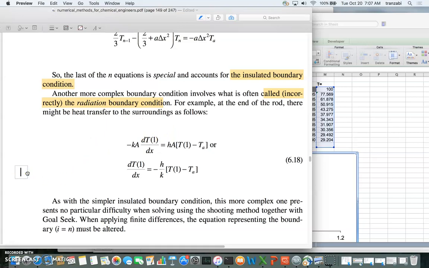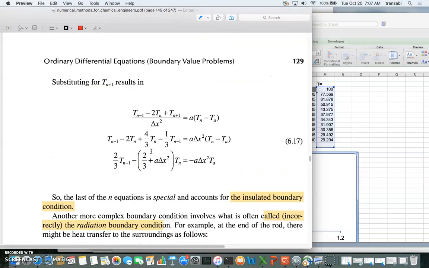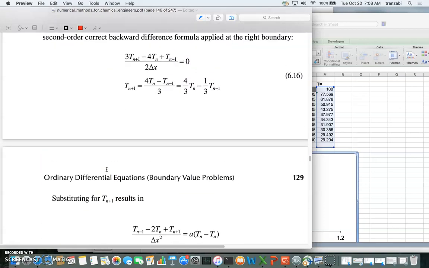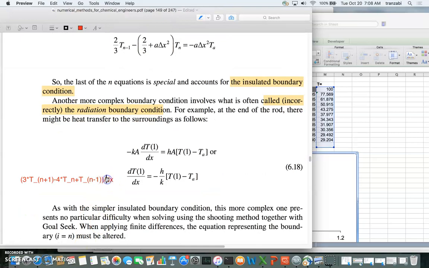The left part is exactly like this: 3 times T_{n+1} minus 4 times T_n plus T_{n-1}, divided by 2 delta x.